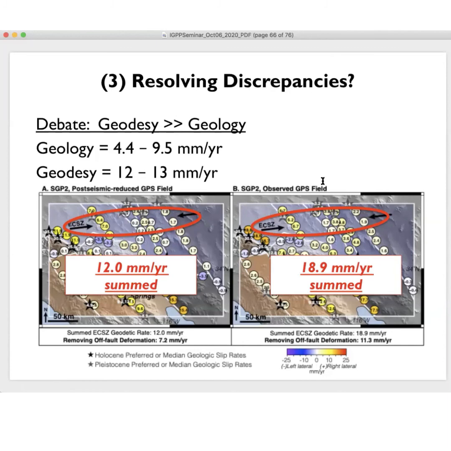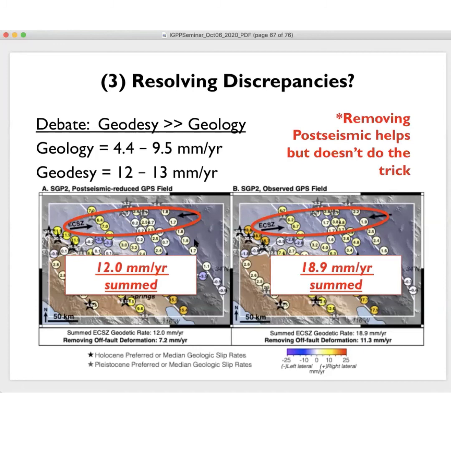And our observed GPS velocity field with the post-seismic included gives 19 millimeters per year summed slip rate, which is a lot. This tells us that removing just the post-seismic helps bring it closer to the geologic rates, but it really doesn't do the trick. It doesn't really fix everything.